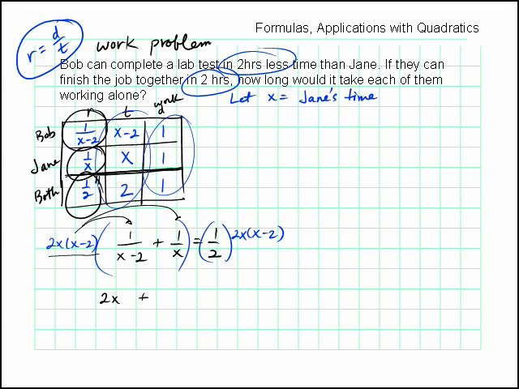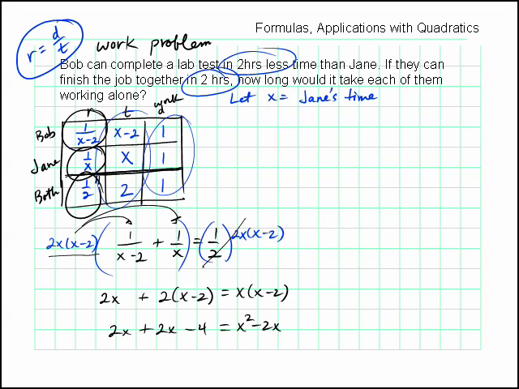Distributing over here, the x's cancel away and leave you with 2 times x minus 2. And on this side, just the 2's cancel and leave you with x times x minus 2. Now we distribute again and get 2x plus 2x minus 4 equals x squared minus 2x.